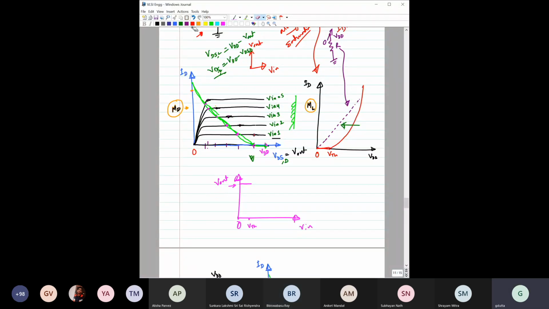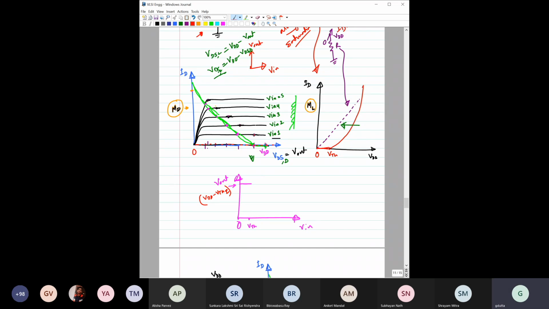Why do you say it is VDD? It is VDD minus VTH. VTH, which one? L or D? It's the upper one, L, the load one. Right. Because when Vin equals 0, you have a characteristic like this, and where it touches this curve, it is here.